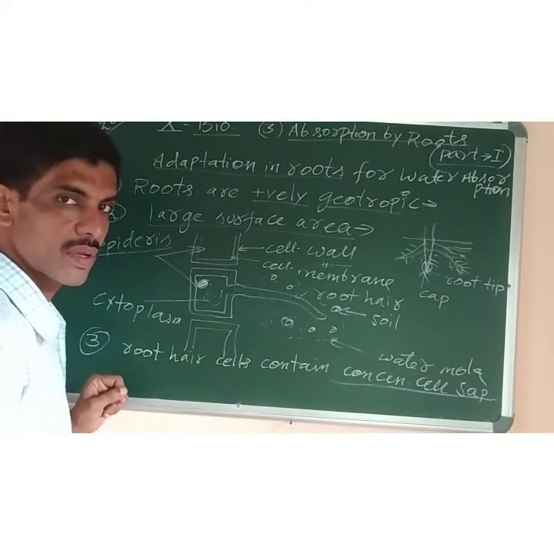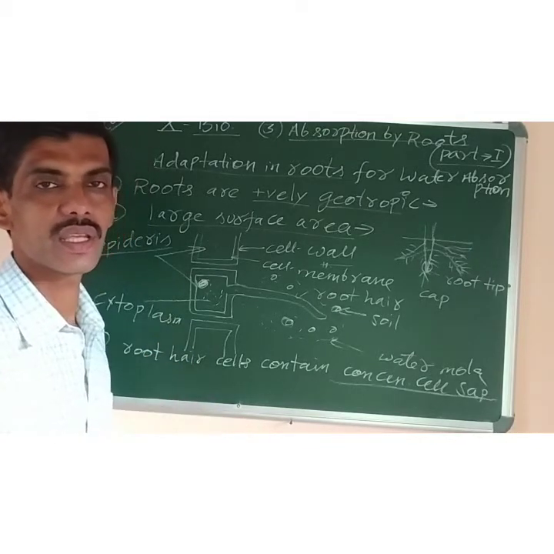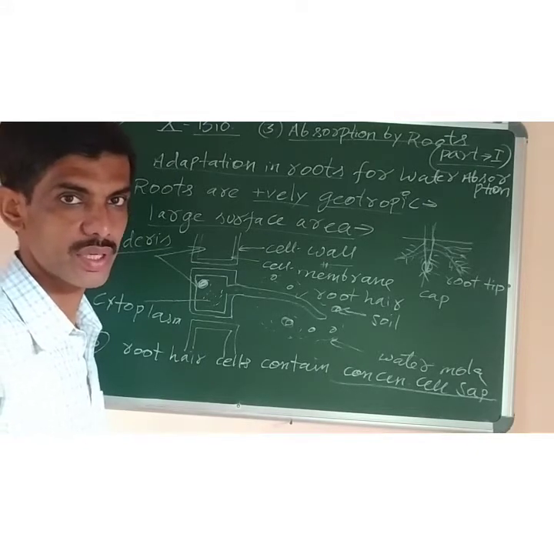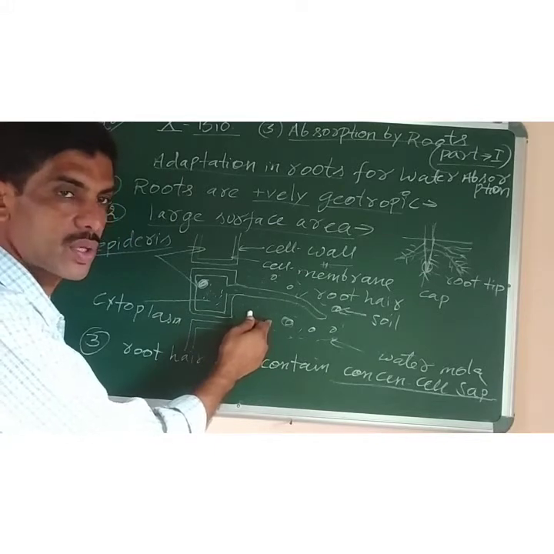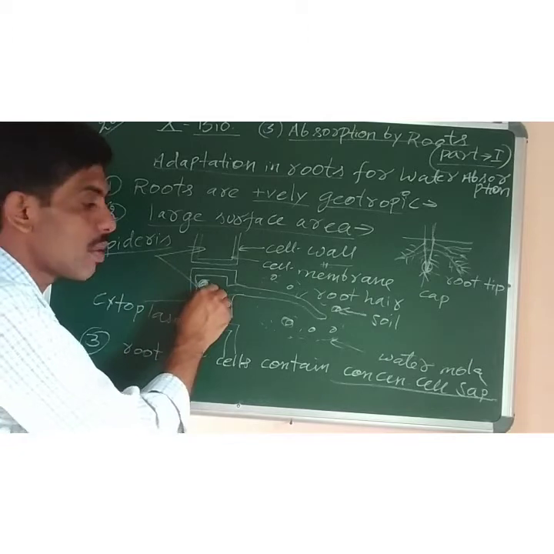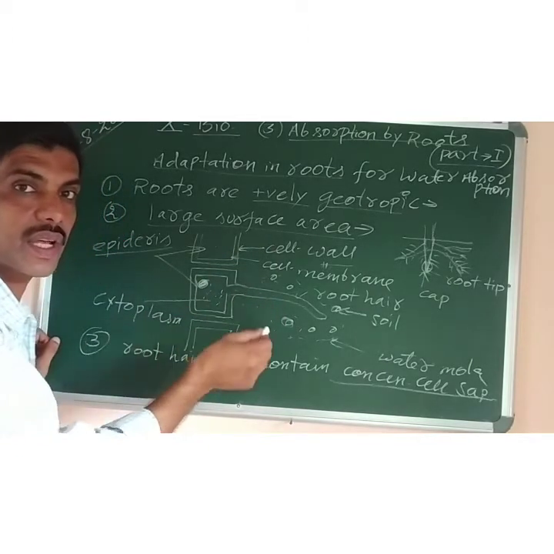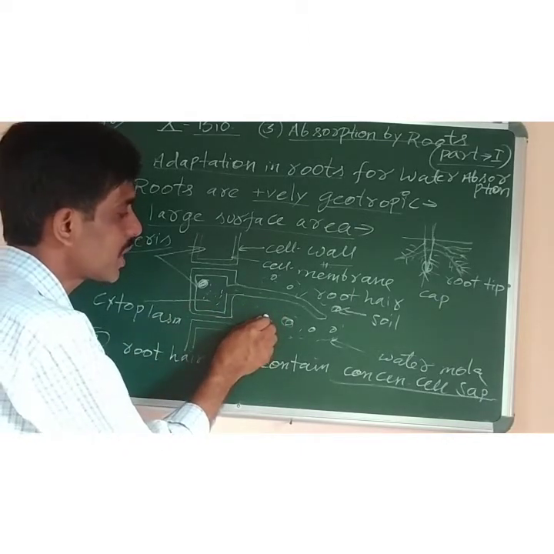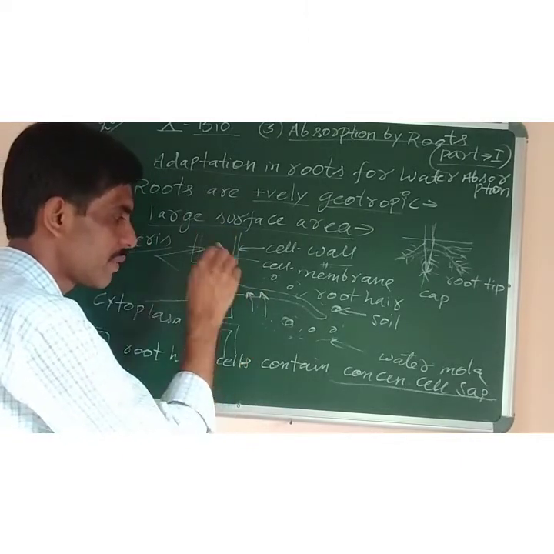So this is called a concentration gradient, meaning the difference in the amount of water and solute in the root hair cells and the surrounding soil water. There is less water inside the root hair cell and more inside the soil. So due to this difference in concentration, the water molecules will enter the root hair cells by the process of diffusion.